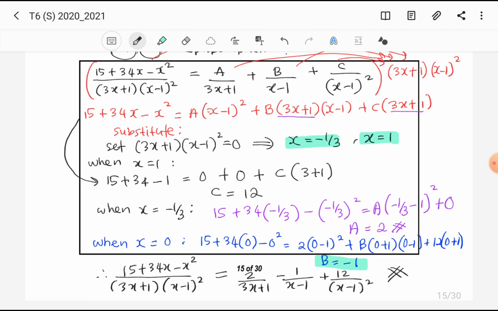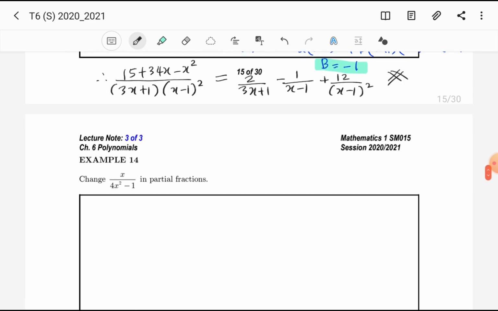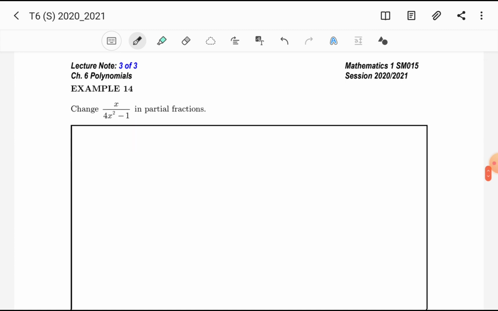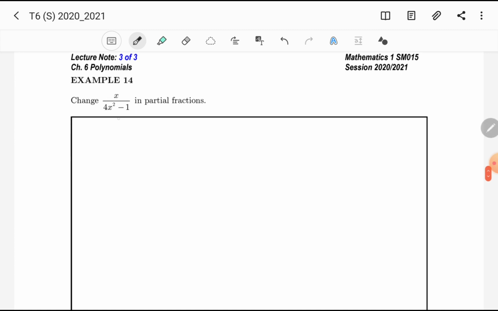Okay. The next one, kita ada example number 14. 4x squared minus 1, kita punya denominator. So, we can factorize as 2x minus 1, 2x plus 1. You can use your calculator lah.